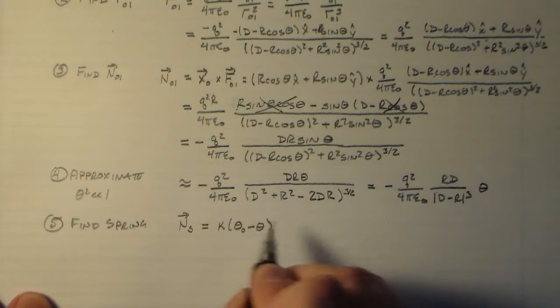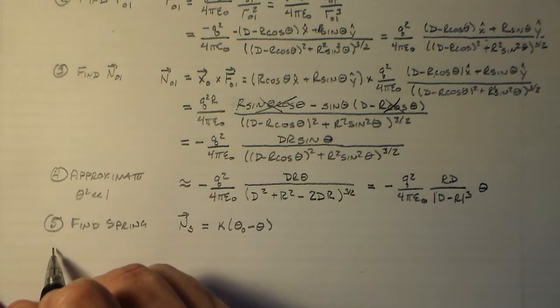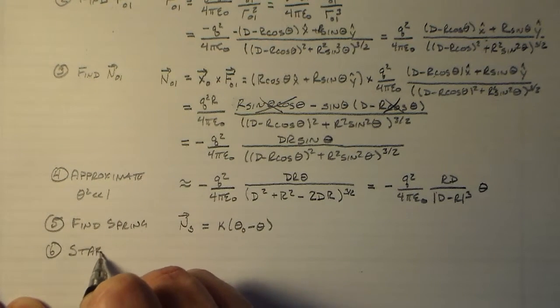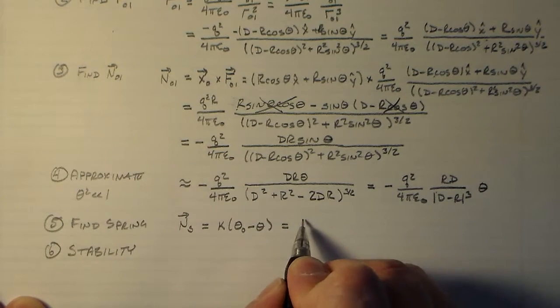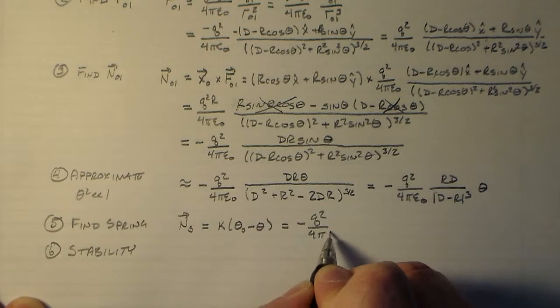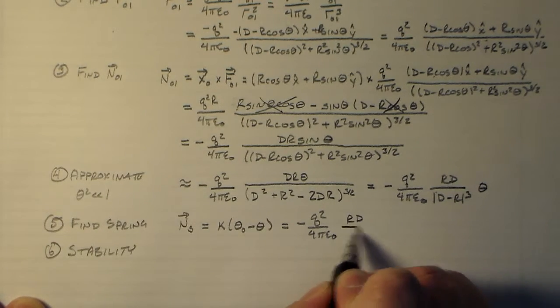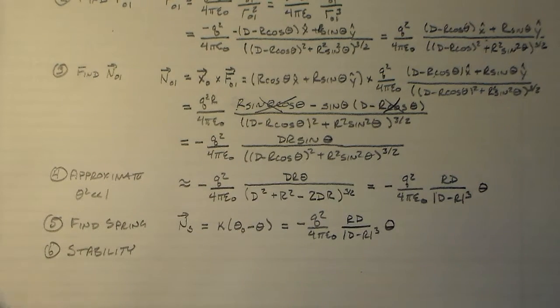And then we set that equal to this thing, right? For the stability analysis. So I'll just write that. That's equal to minus q squared over 4 pi epsilon naught, rd over the absolute value of d minus r cubed, times theta, okay?